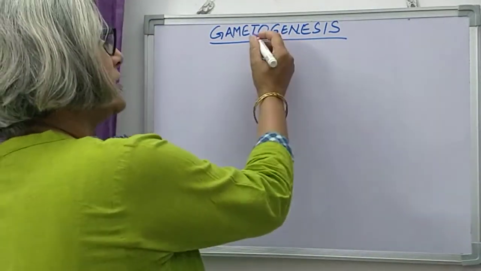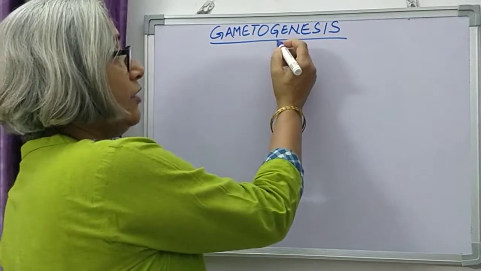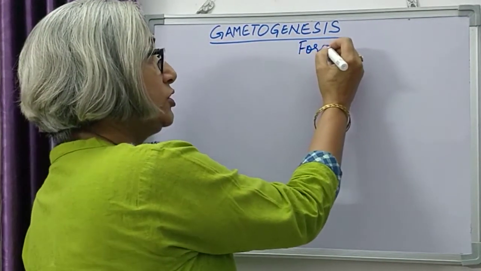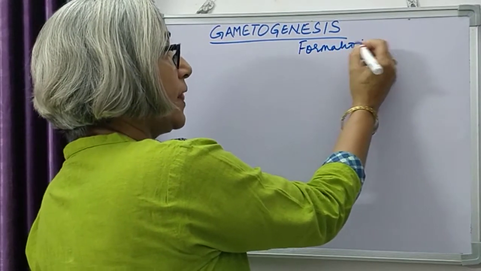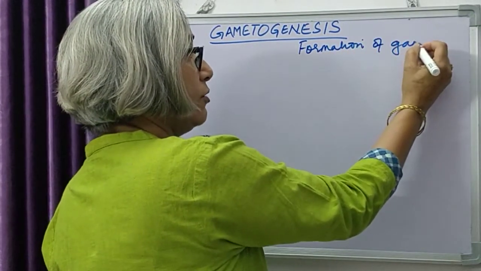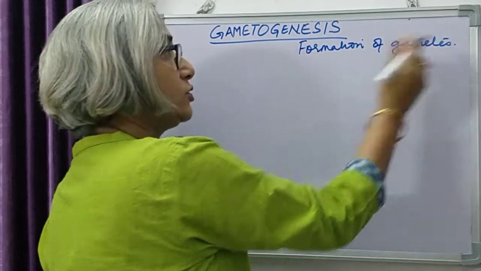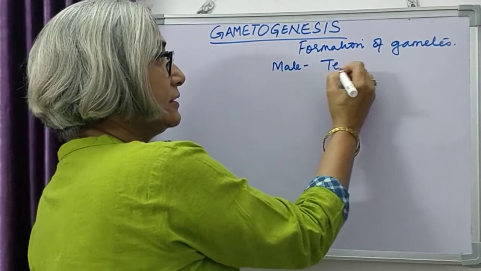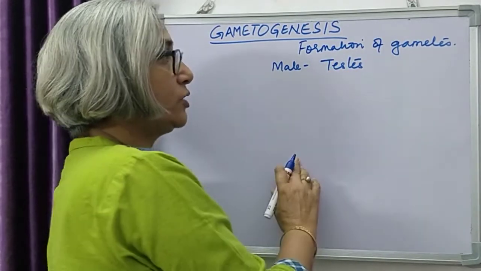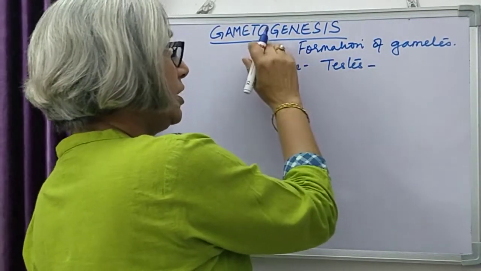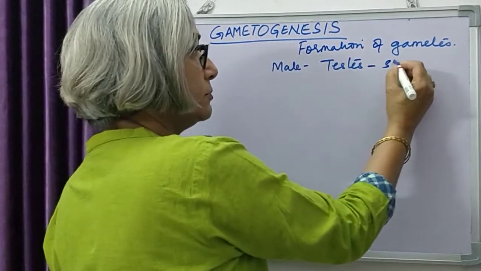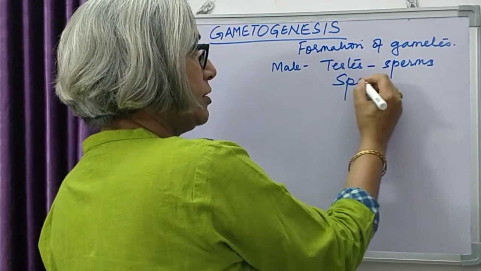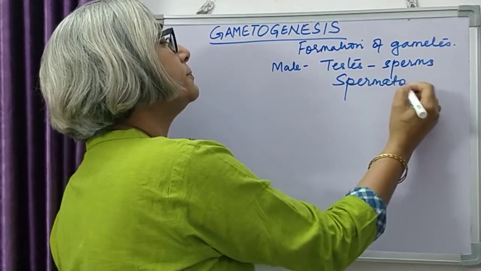Gametogenesis, as I've already written the topic. If you remember, I told you genesis means formation. So formation of gametes, and we know gametes are formed in the primary sex organs. So in males, testes is the primary sex organ, and formation of gametes, that is the sperms, by the testes is called spermatogenesis.